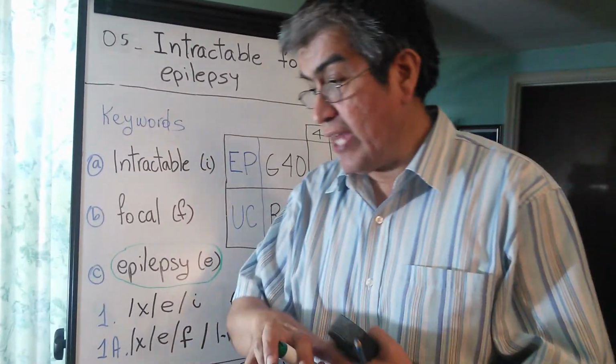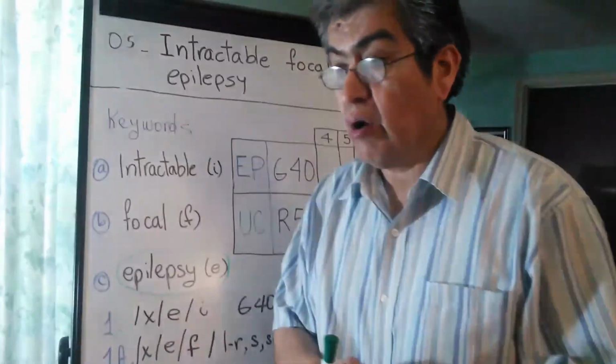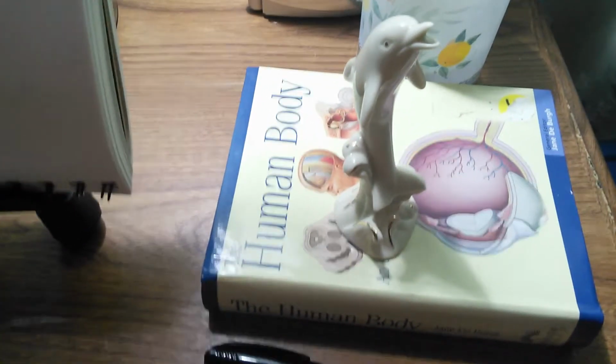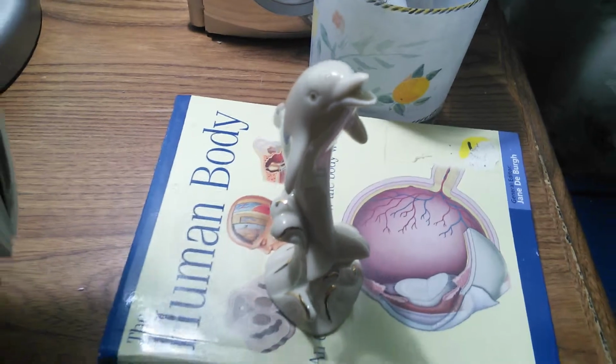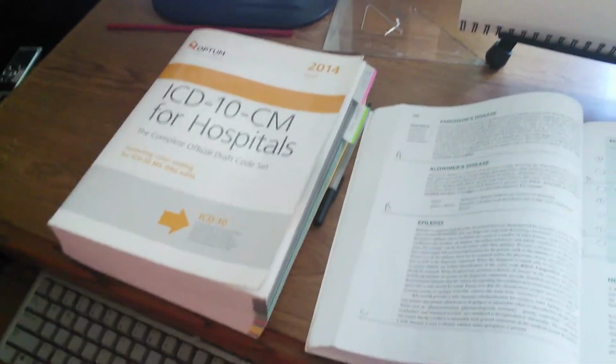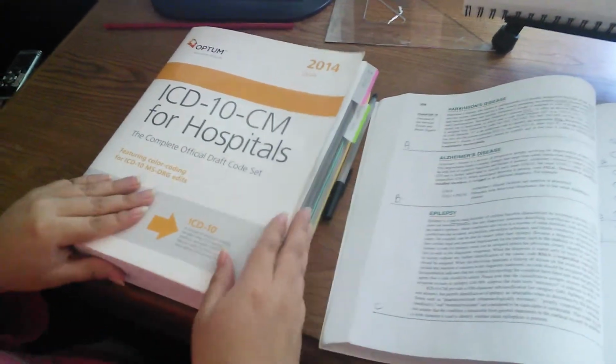Stephanie is going to do that, and I'm going to explain what she's doing while she is with the book. Let's start with the first path. The first path is to go to the index, and then go to epilepsy.